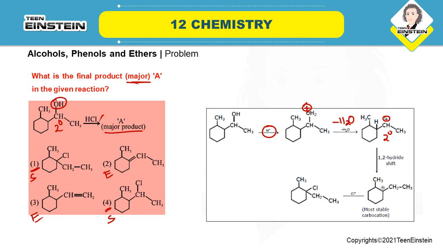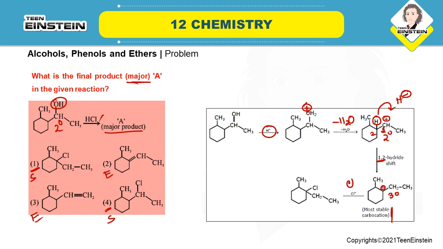Just check it, because if it is possible, the major product will be only that product which you get after rearrangement. So here if this hydrogen is shifted, that is a hydride shift, known as 1,2 hydride shift because the positions are 1 and 2. The 1,2 hydride shift occurs and you get a new positive charge here which is 3 degree, and it is more stable, and that is the driving force for rearrangement.